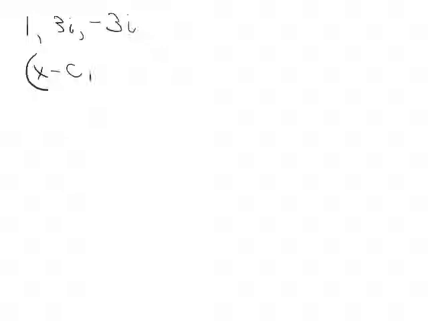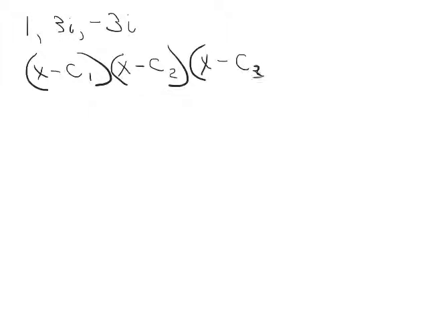Okay, now before I said at the bottom of page 290 that they're always going to be written like this, and all that C1, C2, and C3 are the factors. So what we're going to do is say, okay, if this number is this, then we've got x minus 1.